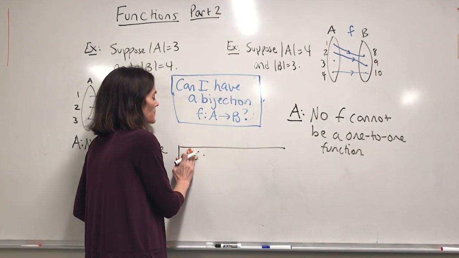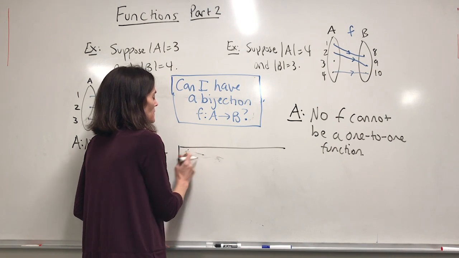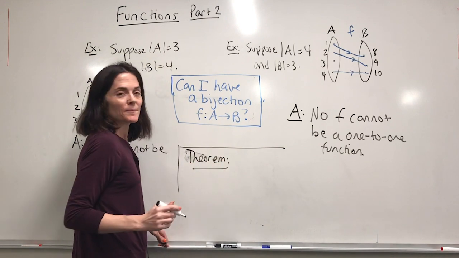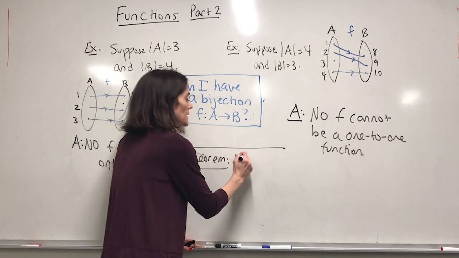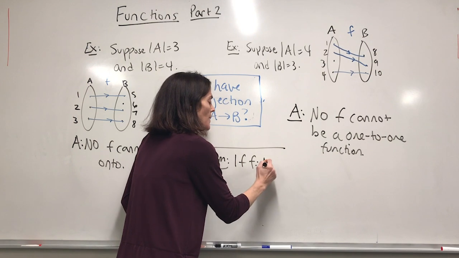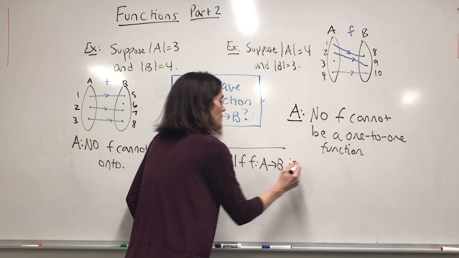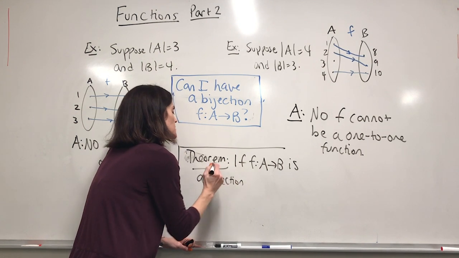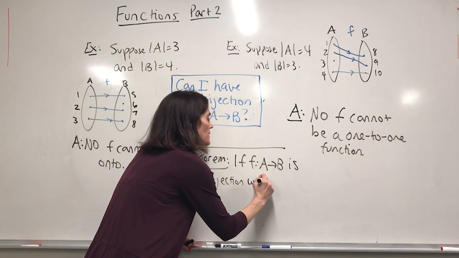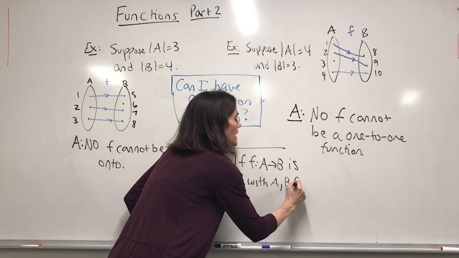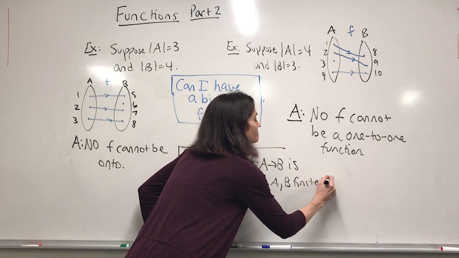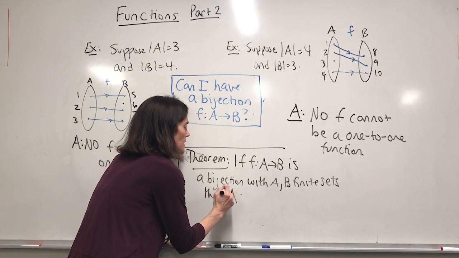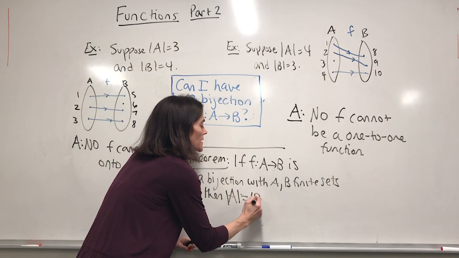Theorem: if f from A to B is a bijection, and I'll state it this way for now with A and B finite sets, then the cardinality of A equals the cardinality of B.